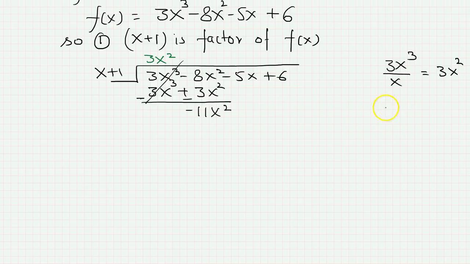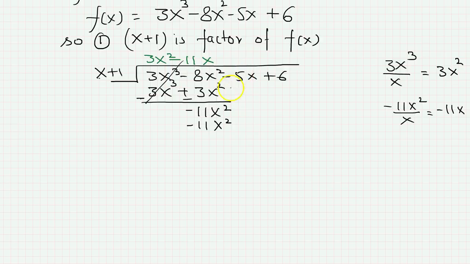Now here we have negative 11x square and here we have x, so divided by x, what we are getting is negative 11x. So we are going to write here negative 11x. Multiply negative 11x by x, so it will be negative 11x square.